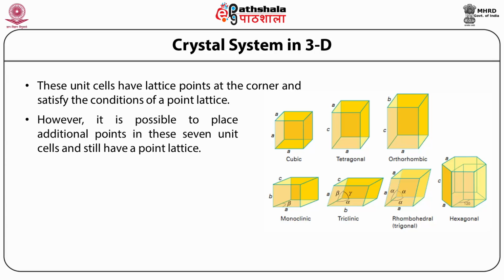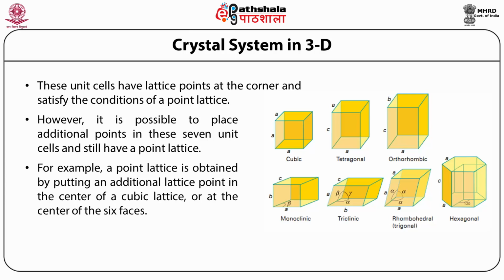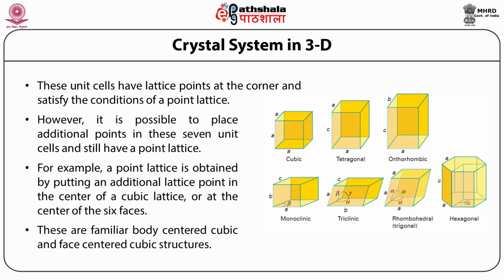However, it is possible to place additional points in these 7 unit cells and still have a point lattice. For example, a point lattice is obtained by putting an additional lattice point in the center of a cubic lattice or at the center of the 6 faces. These are the familiar body-centered cubic and face-centered cubic structures.